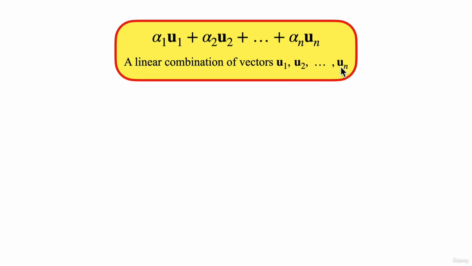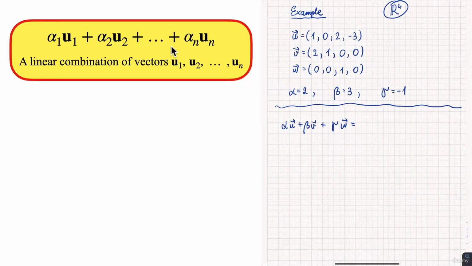So you should understand that this term of linear combination is not in any way restricted to two vectors and two scalars. It can be any number of vectors and the same number of scalars. And now I will show you an example in R4. So let's have a look here.